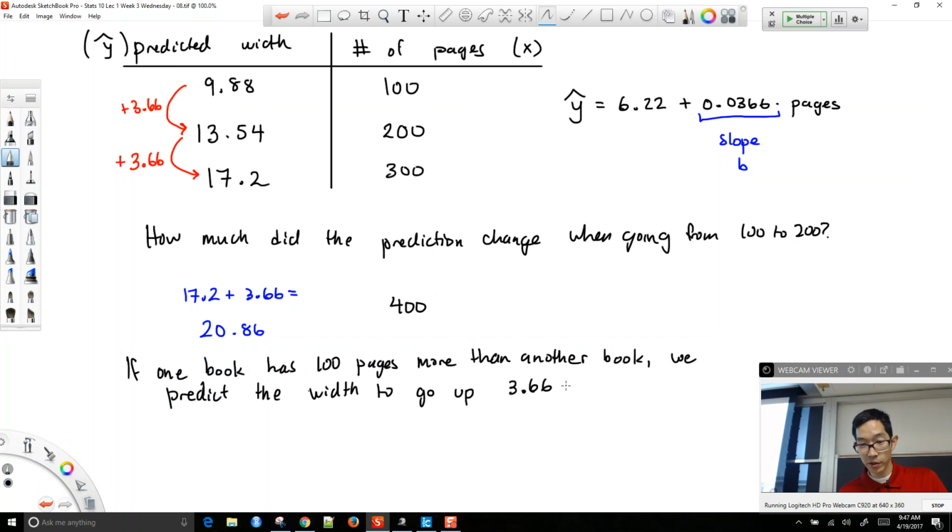I guess I hadn't said it was being measured in millimeters, but this is what we're measuring.